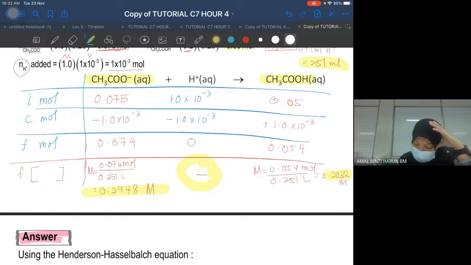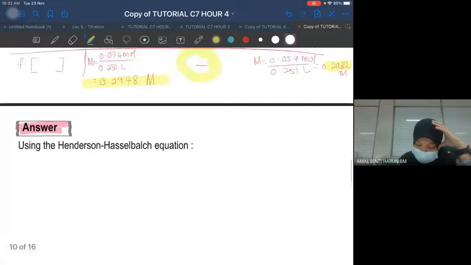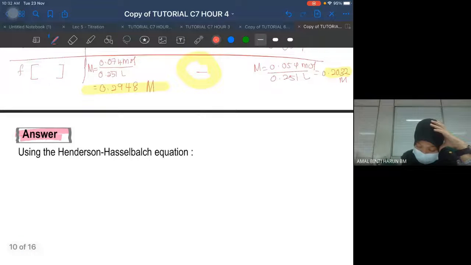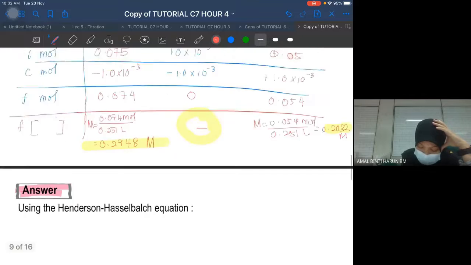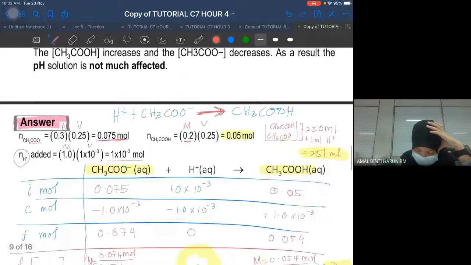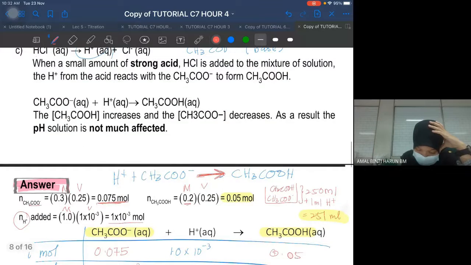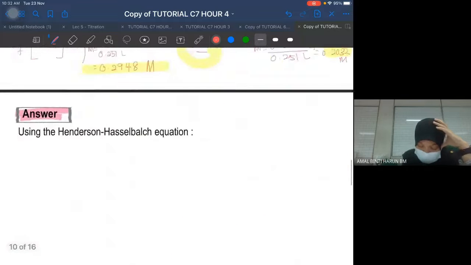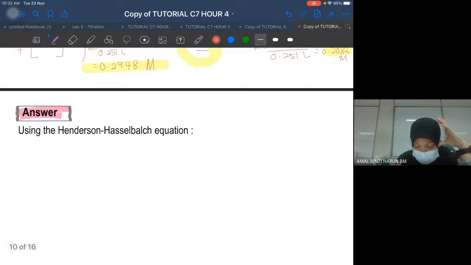So sekarang bila kita dah ada concentration weak acid dan weak base, salt, conjugate base tu, kita boleh kira dia punya pH. Sebab soalan ni minta apa? Soalan minta pH kan? Kita nak tengok pH, what is the pH when we add the small amount 1 ml of strong acid HCl tadi tu.